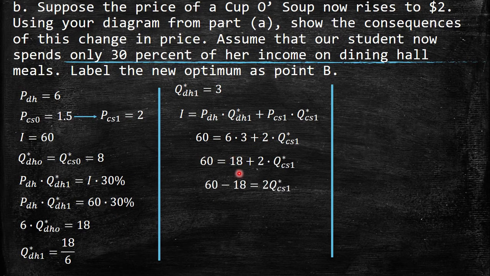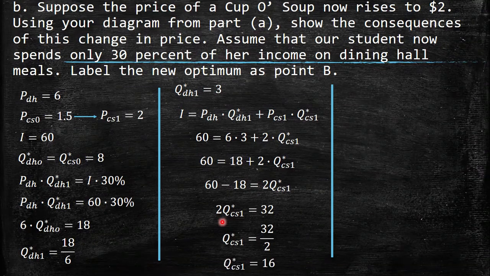This 18 is positive, it goes to the other side as negative. Then we have 60 minus 18, so we have 42. We just move this to this and this to this. It doesn't change anything, just for making the variable on the left side for order. Then this 2, which is multiplying, goes to the other side dividing. Then we found that the quantity for the other situation is 21.